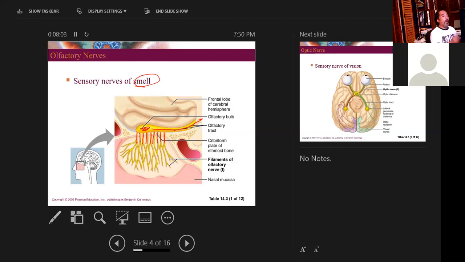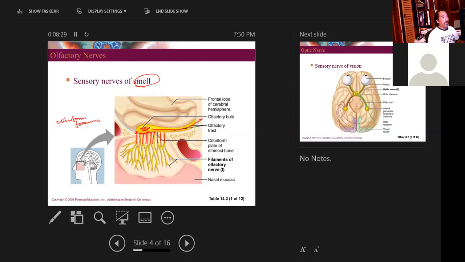What hole do they penetrate? The holes through which the olfactory nerve passes are called the cribriform foramina. The cribriform foramina is where the cribriform plate is located, to the side of the crista galli.